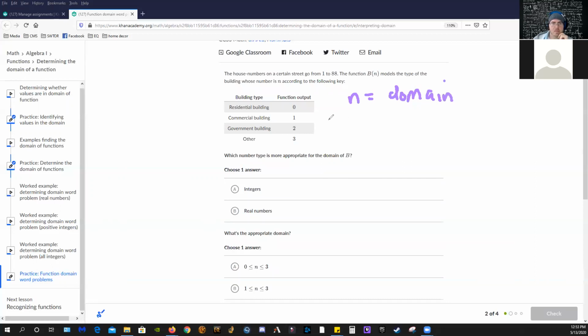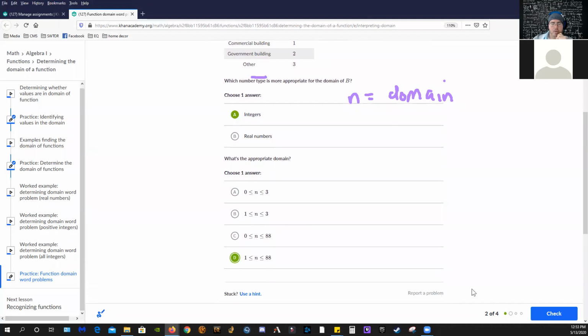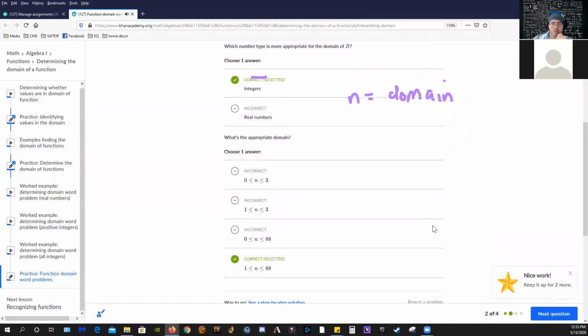So n, house numbers go from 1 to 88. So those are integers. They're whole numbers. They're not going to be in between these. And that would go from 1 to 88. So, yeah, okay.